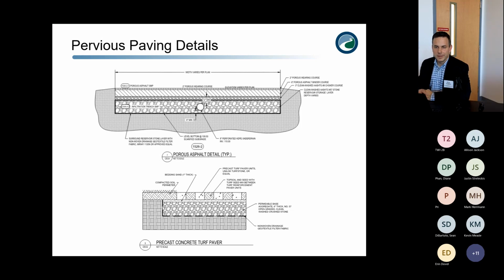But we found that even with relatively low infiltration rates, if you don't have a ton of water coming in off of the pervious pavement sections, you don't need a ton of storage, even at a low infiltration rate, for that to get into the ground, because there's not that much depth that's needed from a typical rainfall event. And then on the bottom section is a precast concrete turf paver, like the project I showed on the previous slide of the access way.